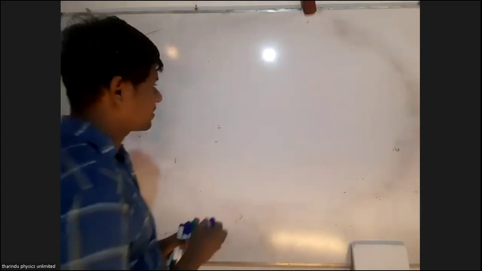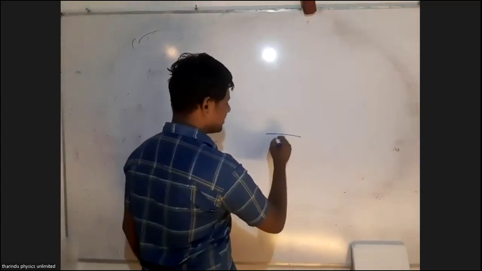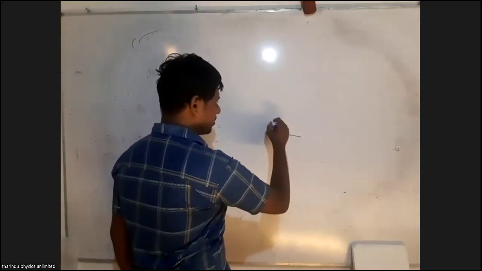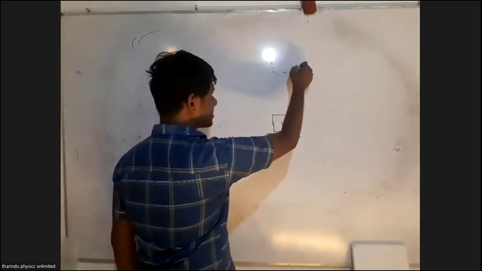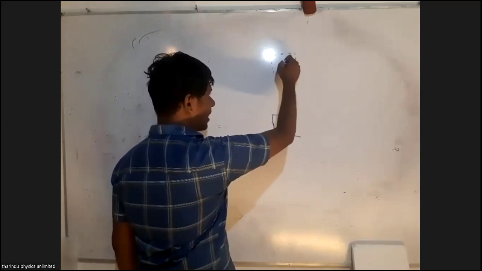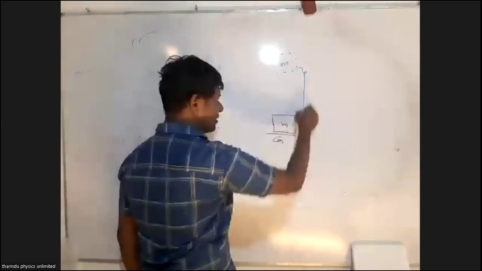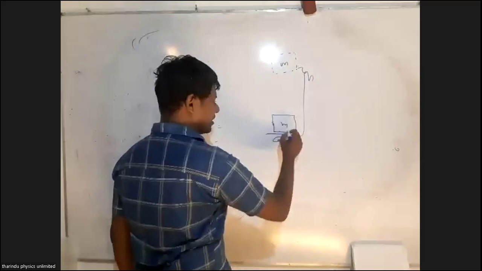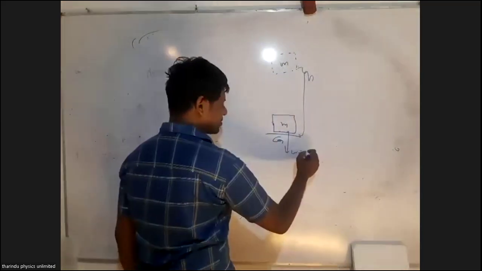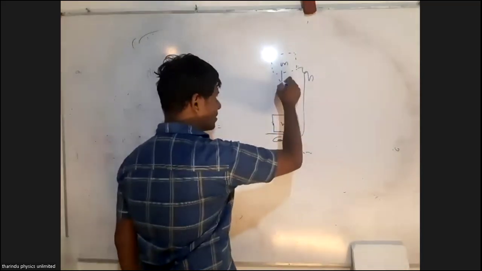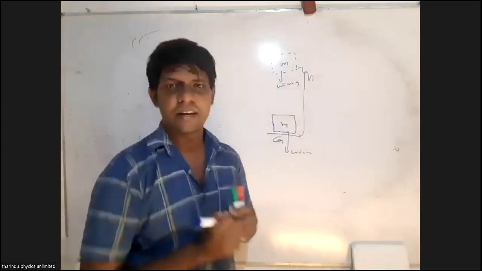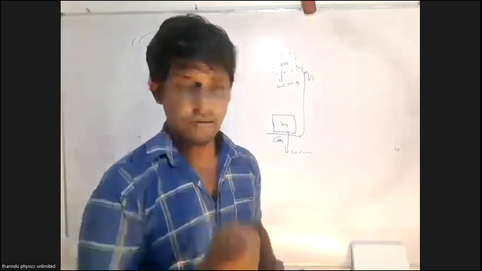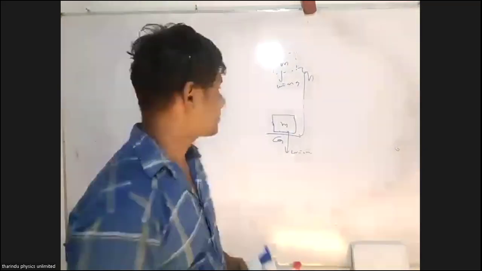One is gravitational potential energy, at ground level. If there is a mass m, you can lift it up to some height h above the ground. Your weight is W equals mg, and the work is done against this weight, that is, against gravity.